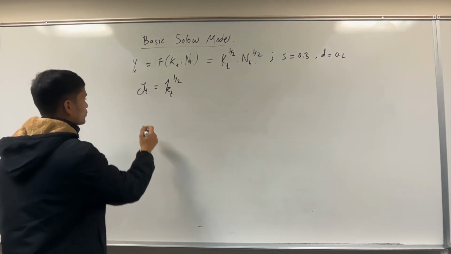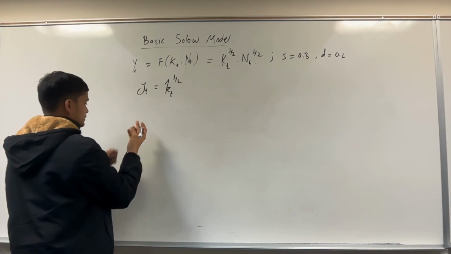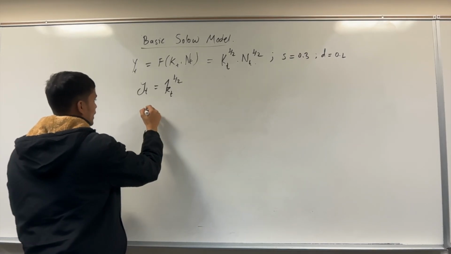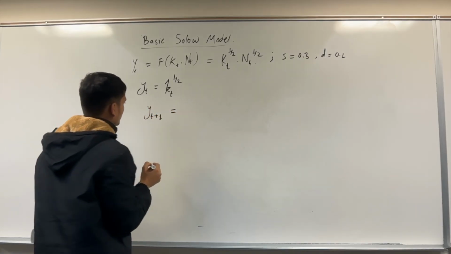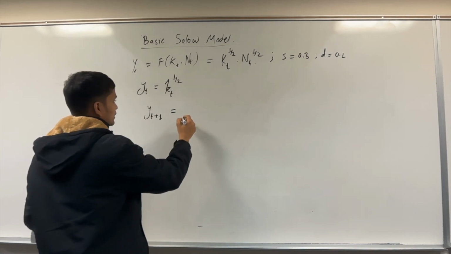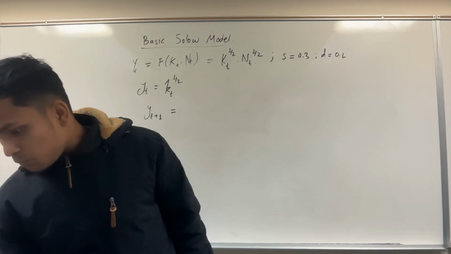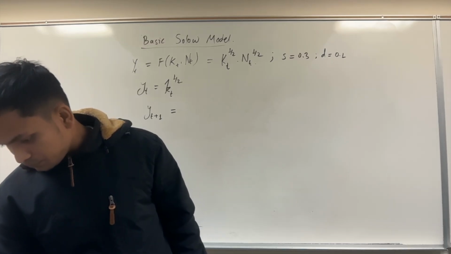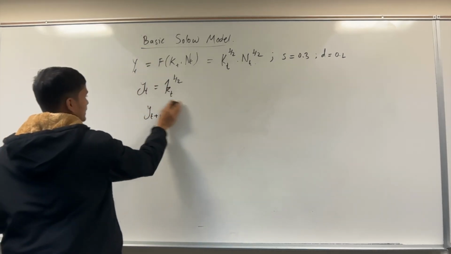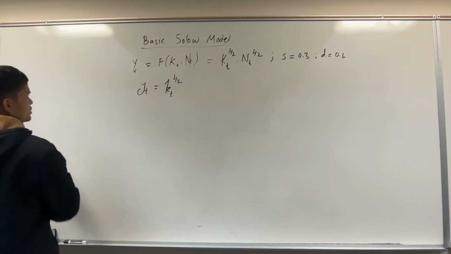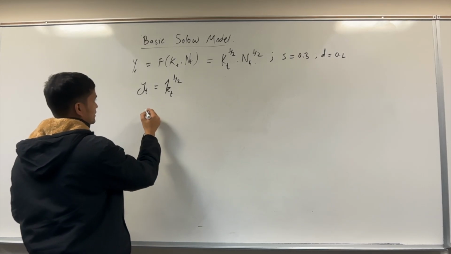Now we also know the per capita capital accumulation function, which is k_{t+1}. I'll prefer to derive it right here.